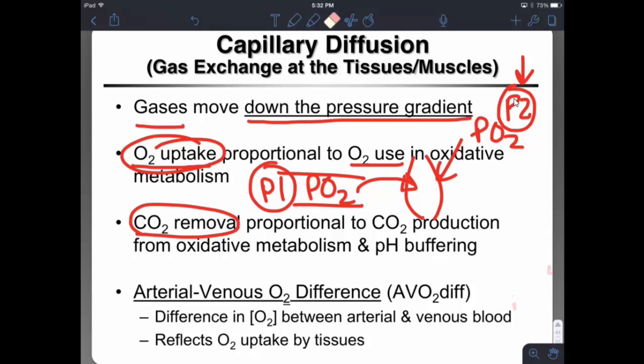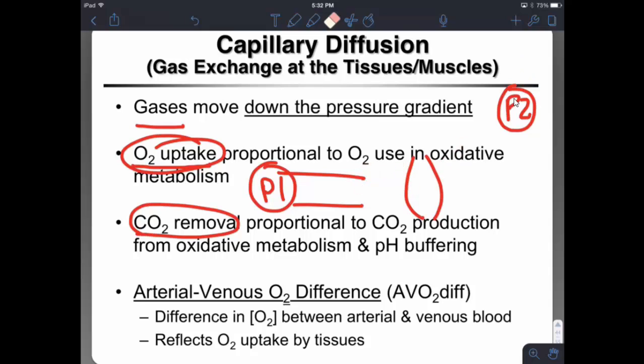Okay, now if we're talking about CO2, we've got a PCO2 in the capillary, we have a PCO2 in the muscle, and this is P2. Oh no, actually it's the reverse, right? This is P2, and this is P1, okay?